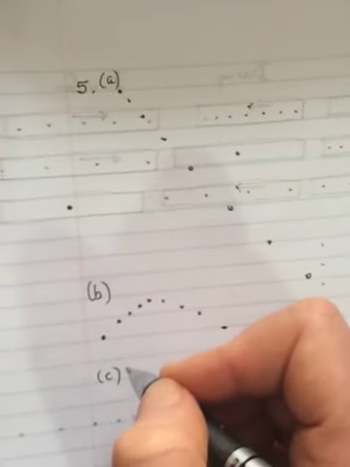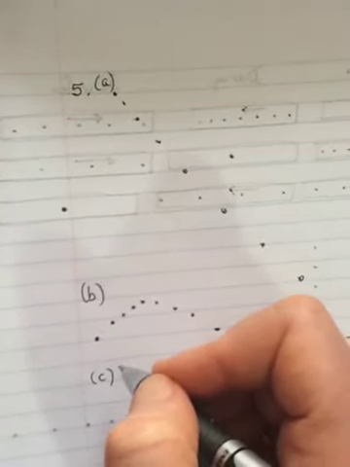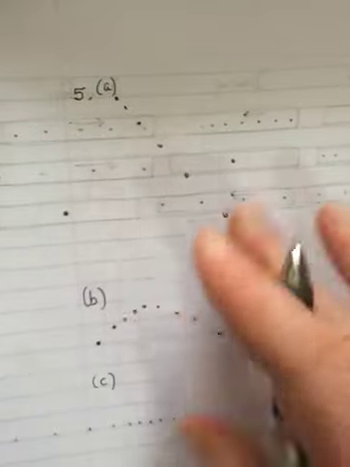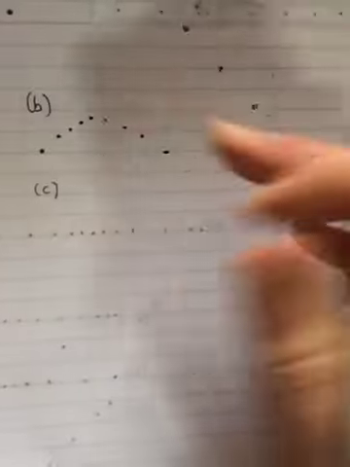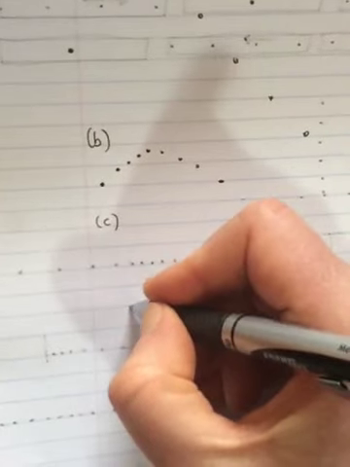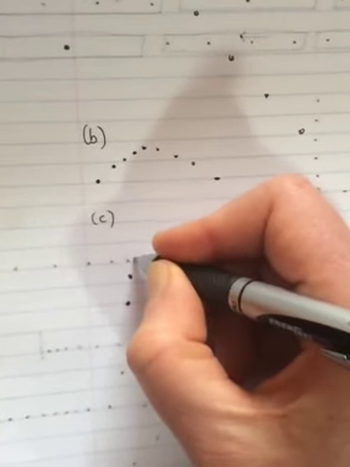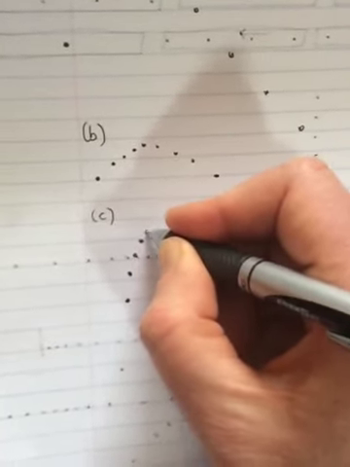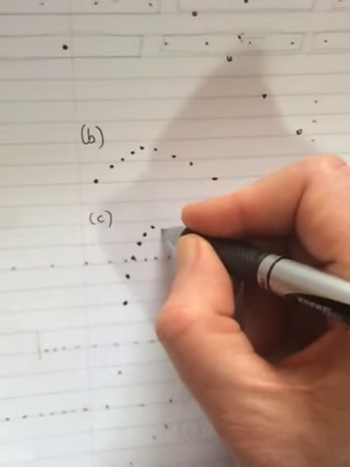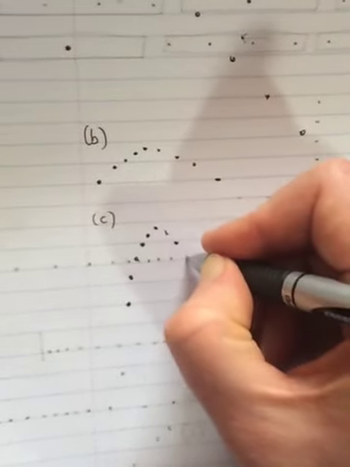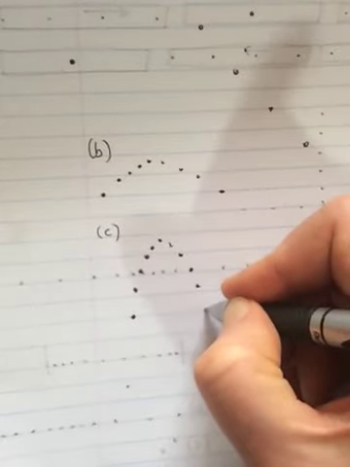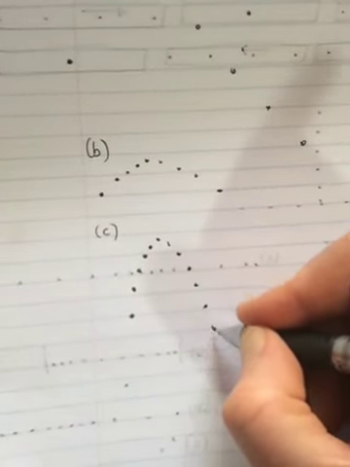All right, C, an Olympic diver jumps off a high dive board, hits the water, and comes back up to the surface. So when they jump off a high dive board, they're going to go up with a fair bit of speed until they stop up here. Then they're going to turn around and come back. And again, dots should be equally spaced. And now they're going into the water.